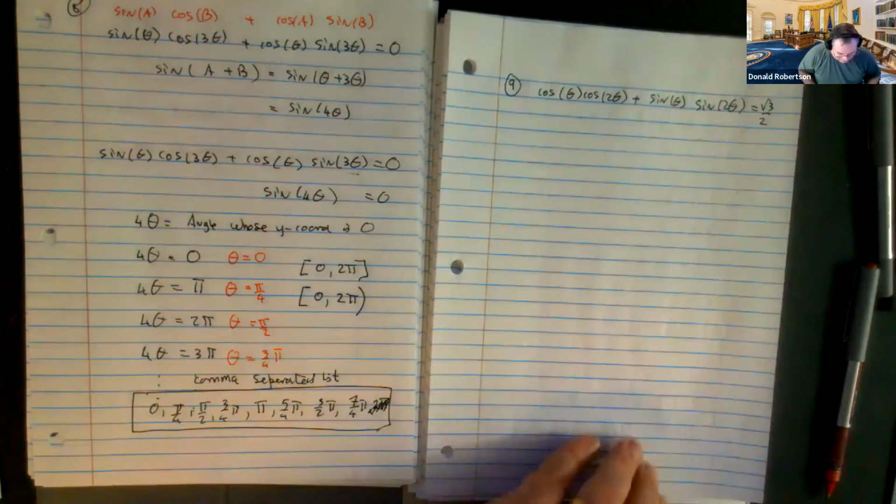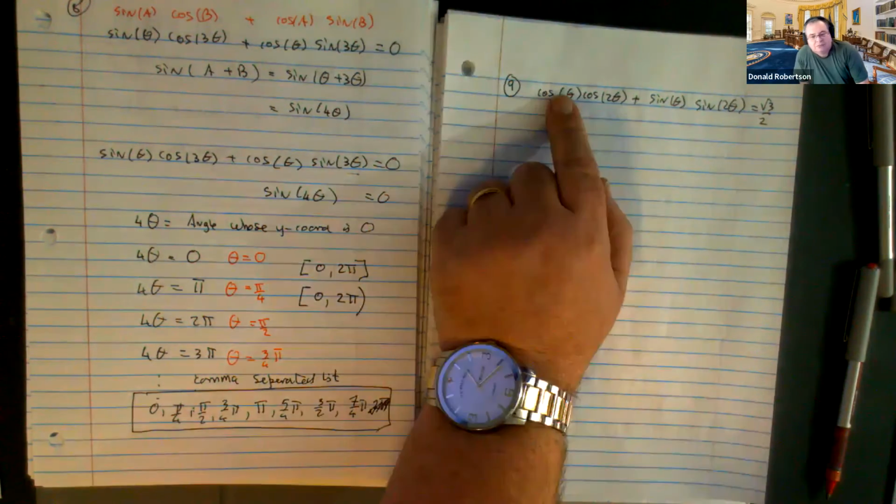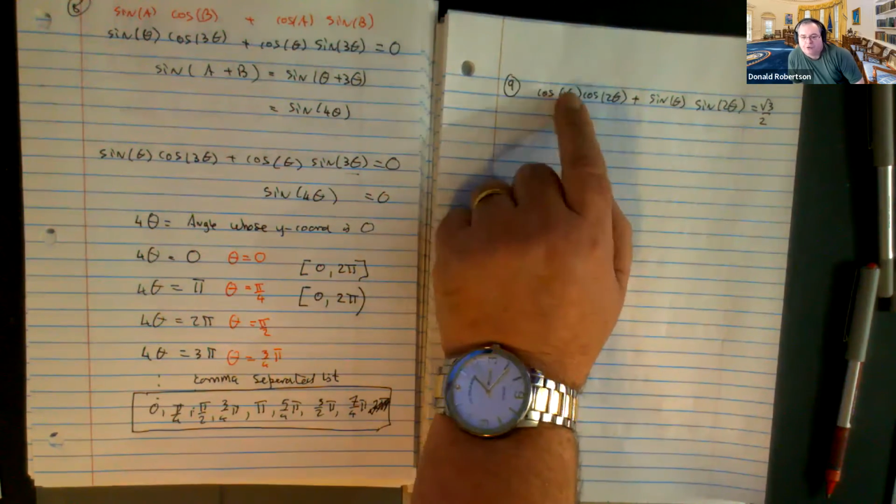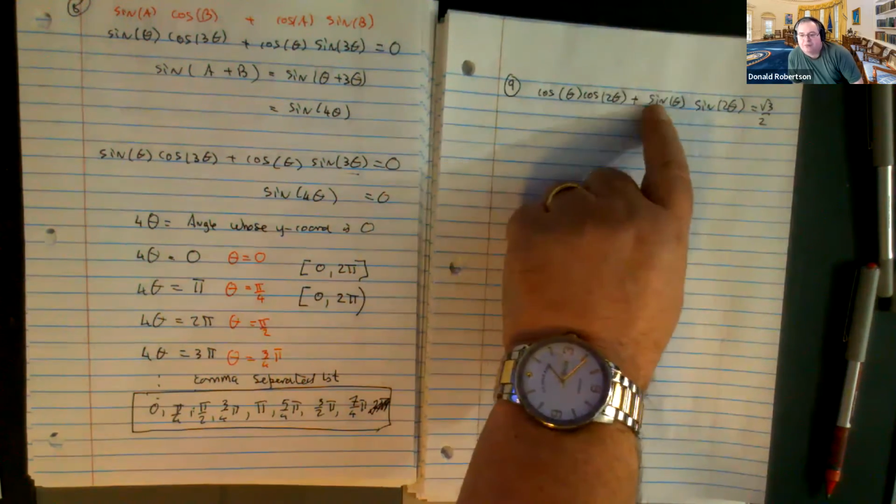The question 9 is cosine of theta, cosine of 2 theta, plus the sine of theta, the sine of 2 theta. And the whole thing is going to equal that guy. It's a lot to ask, but you might get lucky. Cosine times cosine plus sine times sine.